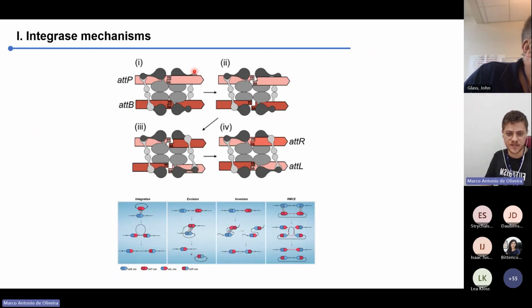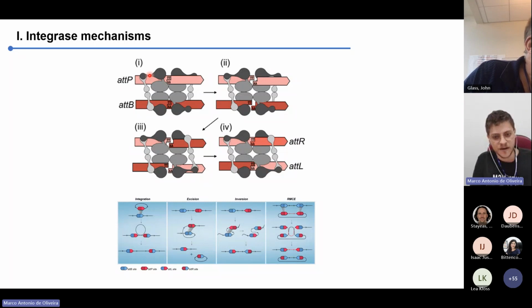So integrases are recombinases that are able to rearrange DNA sequences upon attaching to specific ATT sites.